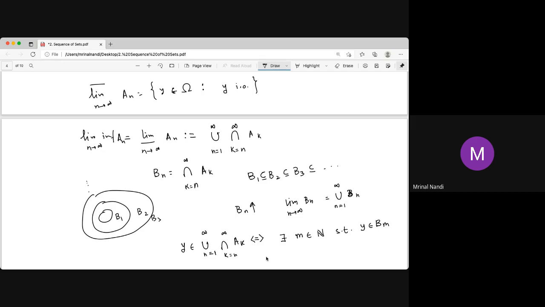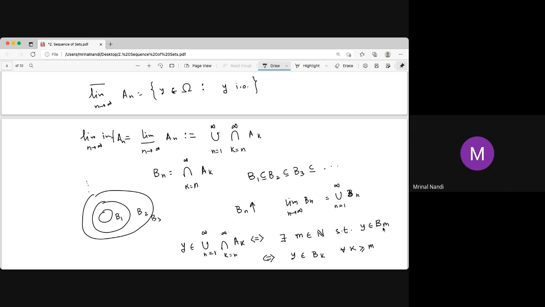Now what is the meaning of this? Again, y belongs to B_m means y belongs to the intersection. That means y belongs to A_k for all k greater than or equal to m. What is B_m? B_m is the intersection over k equal to m to infinity.